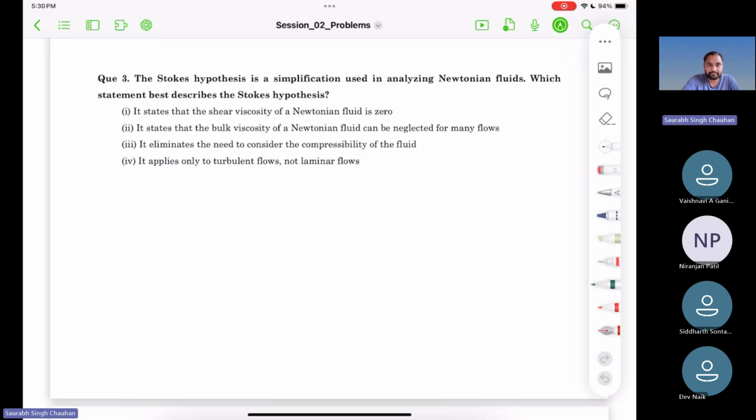Question number 3 says that the Stokes hypothesis is a simplification used in analyzing Newtonian fluids. Which statement best describes the Stokes hypothesis? So again, this has been discussed in the lecture, right?